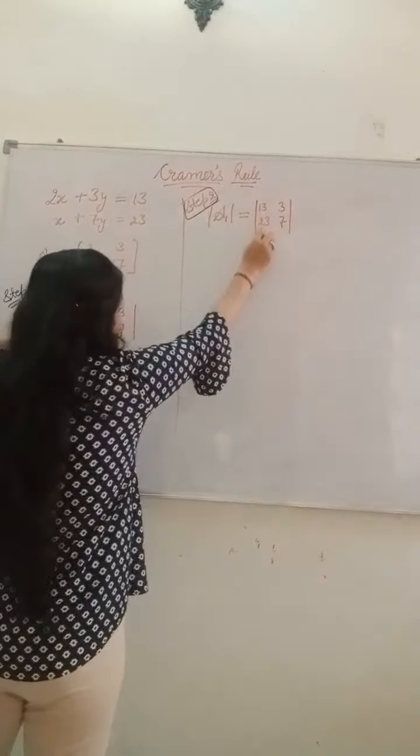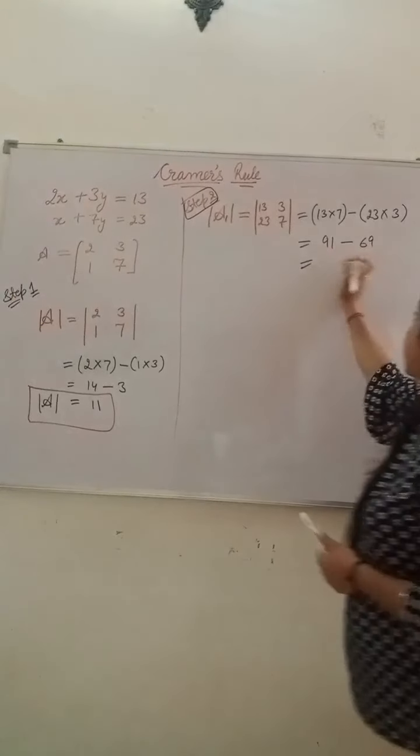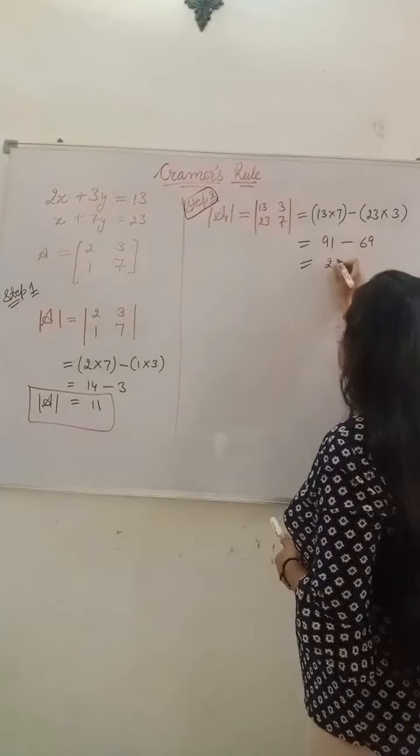Now solve it. Just multiply 13 with 7, put here a subtraction sign, 23 into 3, that is 91 minus 69, that is 22.